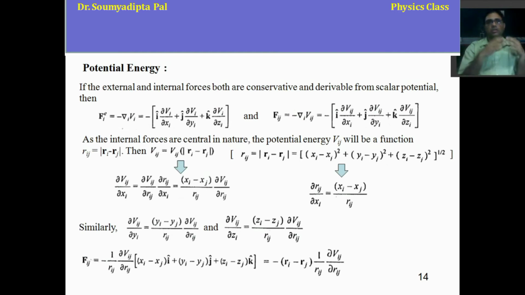That means we are considering a force and the change of the potential will always be opposite. You got this concept in the case of the electric field also, right?